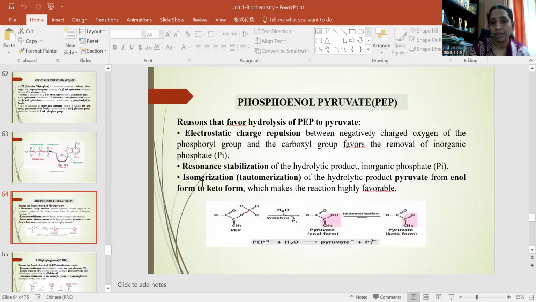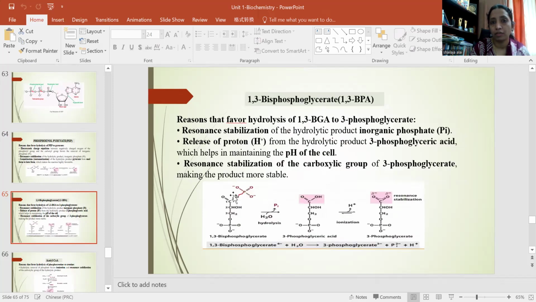The reasons that favor hydrolysis of PEP are electrostatic charge repulsion, resonance stabilization, and isomerization. Next example is 1,3-bisphosphoglycerate, and what favors its hydrolysis is resonance stabilization. It will release a proton and give resonance stabilization of the carboxylic group.